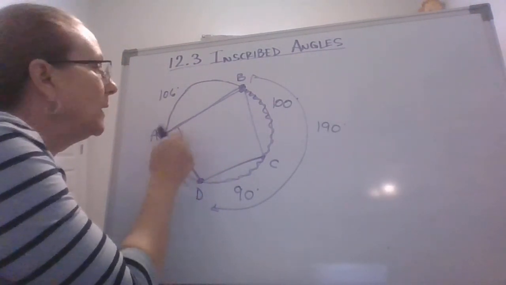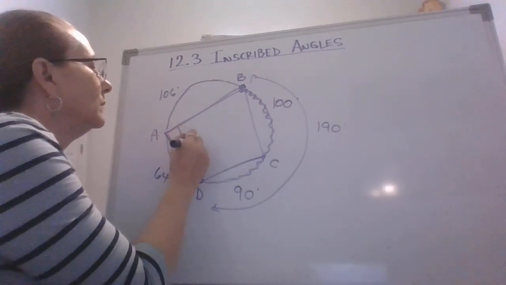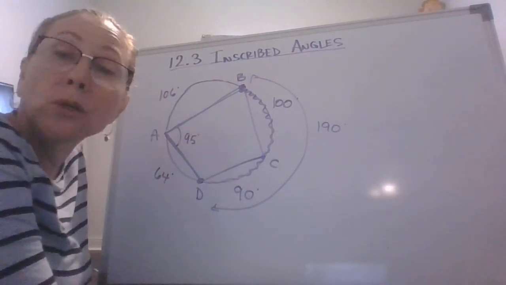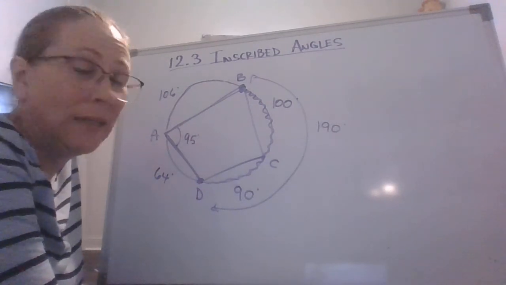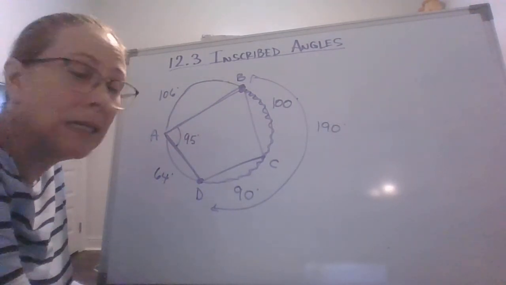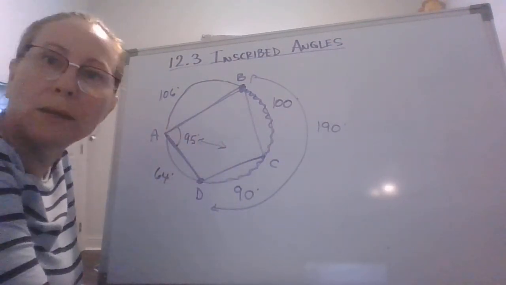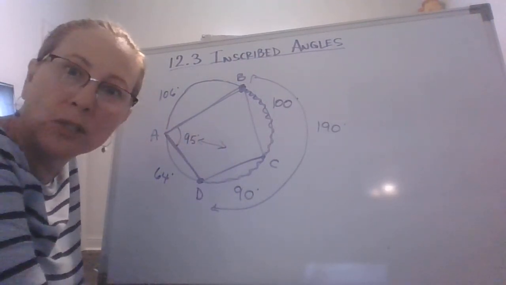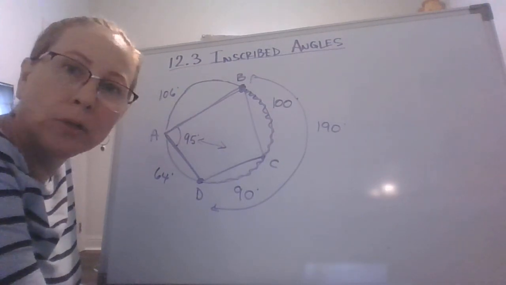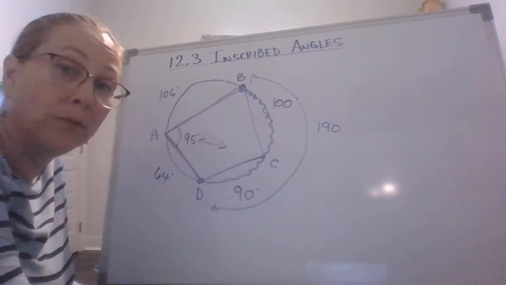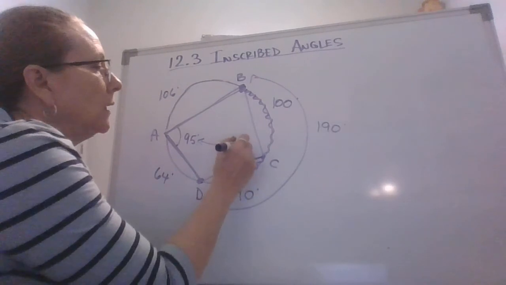So 95. Now, the good news is you don't have to add another set of arcs to get C, because C and A are supplementary. That was the corollary we just looked at. So if you take 180 degrees and subtract 95 from it, you'll get 85.